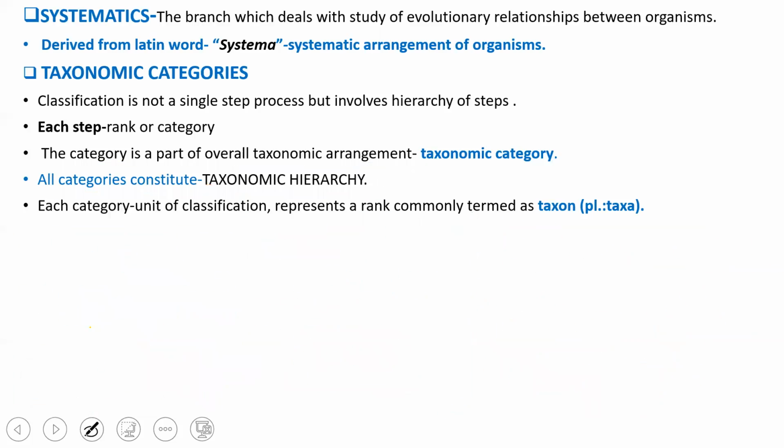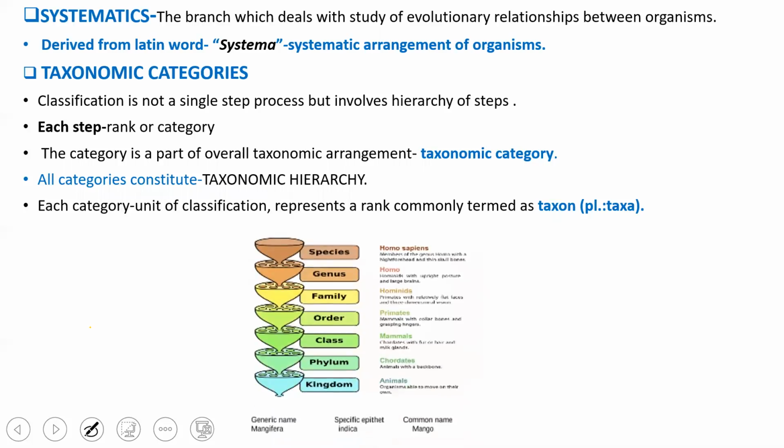Now we look into the categories one by one. As I said, it goes in ascending order, from species to kingdom. Basically there are 7 important categories: species, genus, family, order, class, phylum, and kingdom.